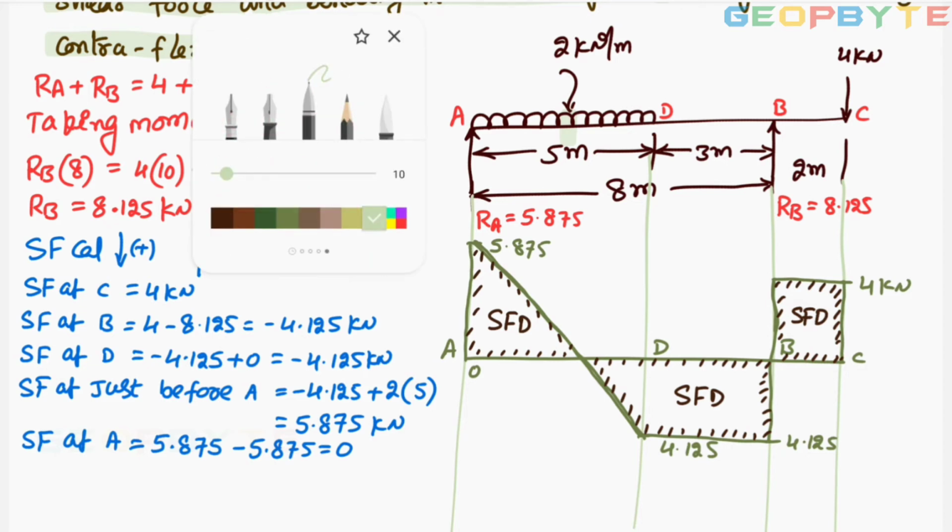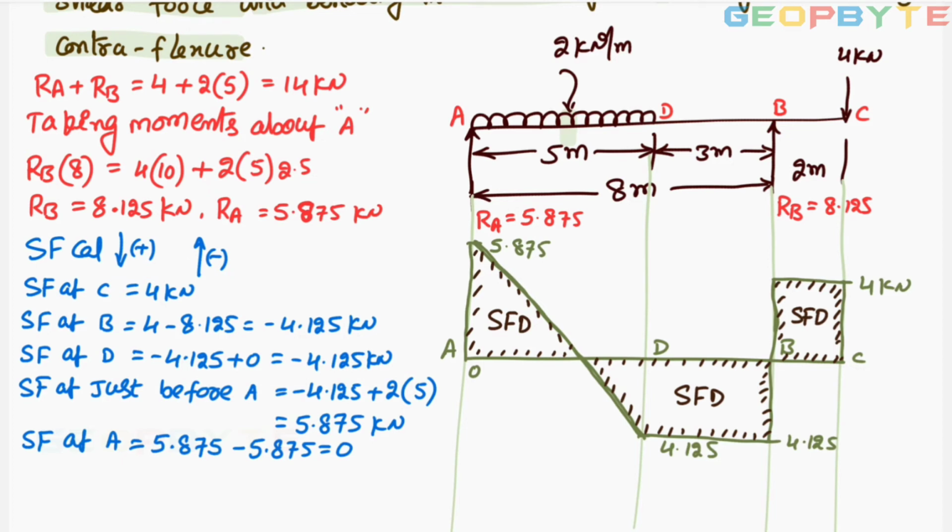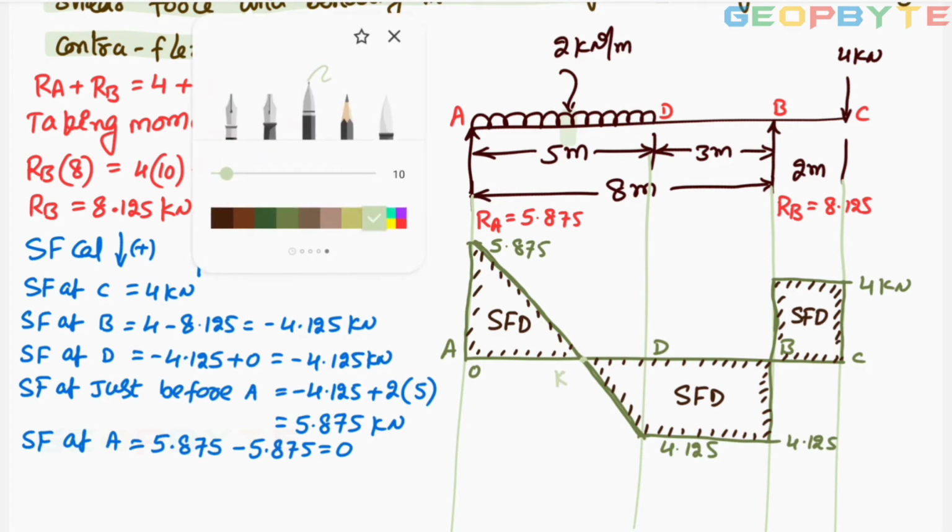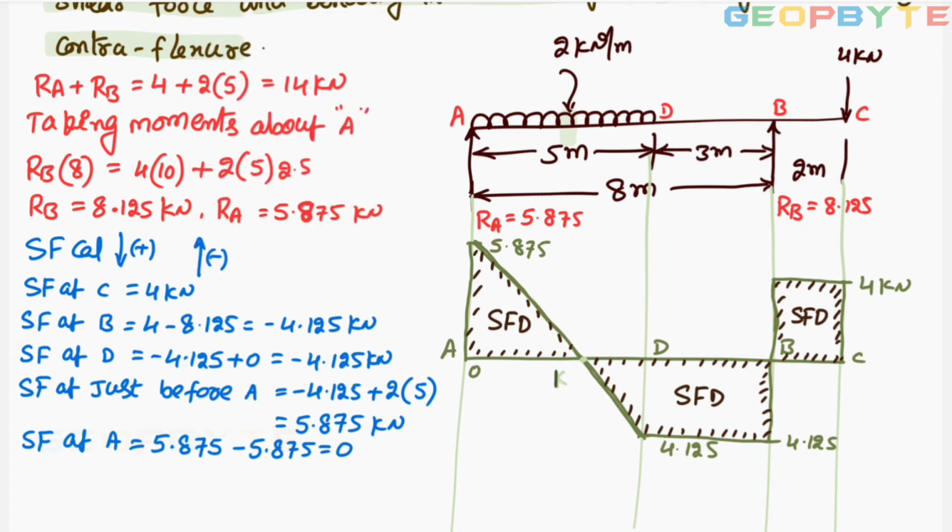At this point K, let me mark it like this. At this point K, the SF diagram changes its sign from negative to positive.